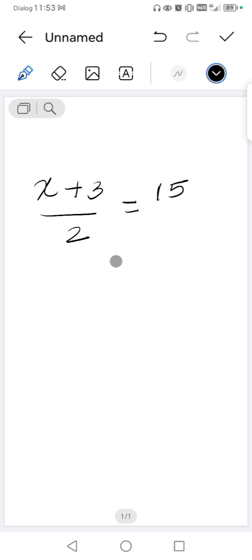Here we can do it like this. This part is a fraction, and this part is not a fraction, so we can change it into a fraction like this, so now both parts are fractions.